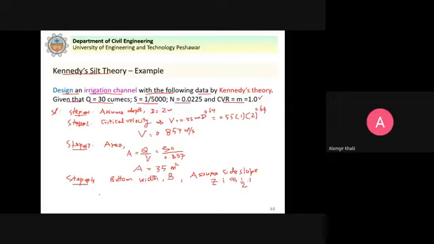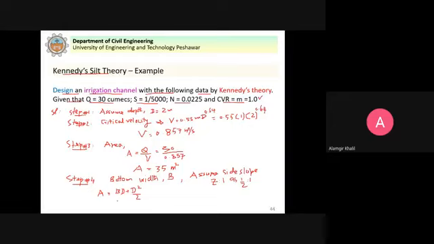So the formula: area A is equal to B into D plus Z D square by 2, which with Z as half becomes D square by 2.